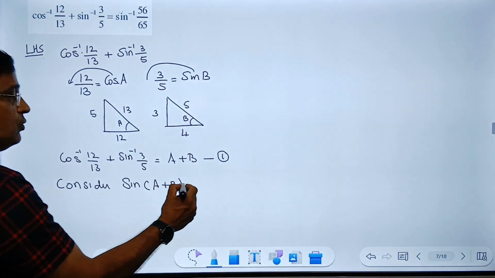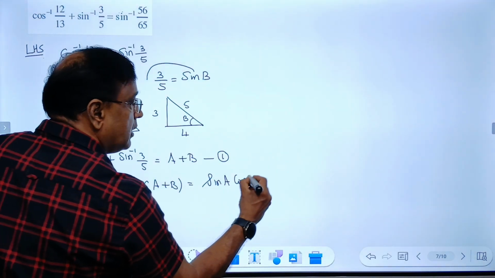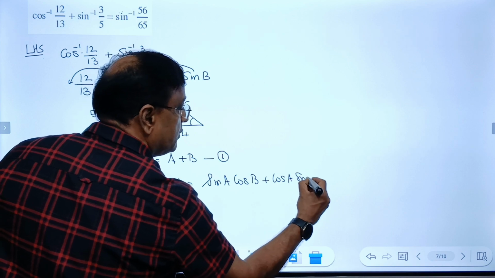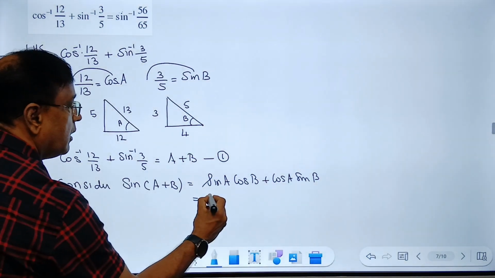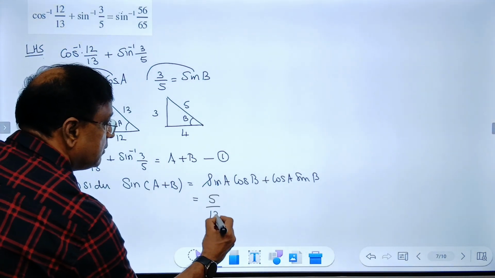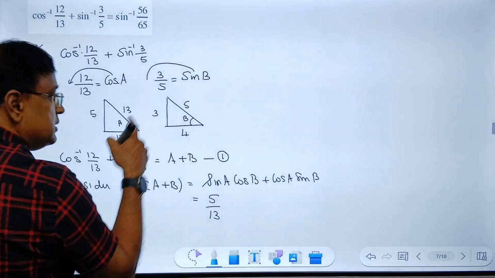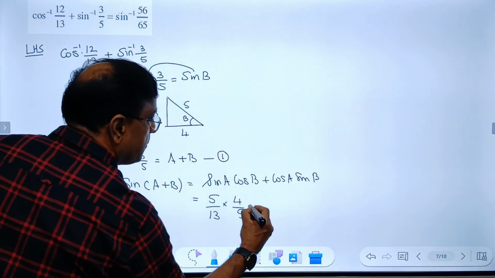Now you know sine A plus B, what's the formula? Sine A cos B plus cos A sine B. Simple. Now look at this triangle. What is sine A? 5 by 13, opposite by hypotenuse. Now for B, look at this triangle. What is cos B? 4 by 5.